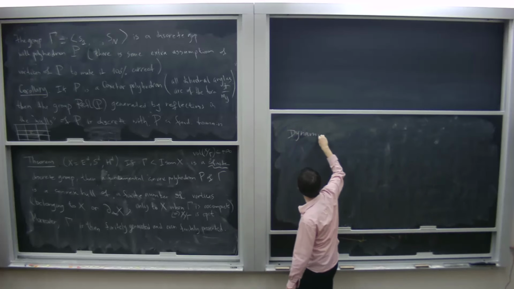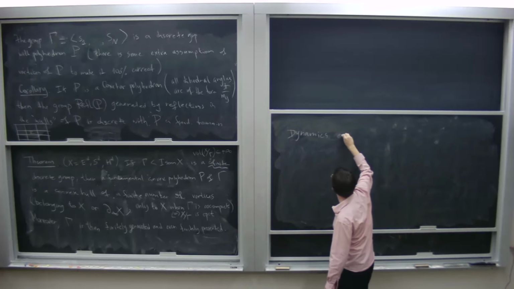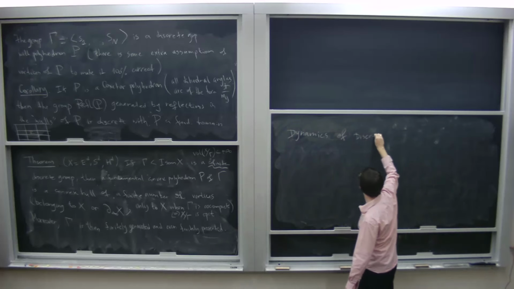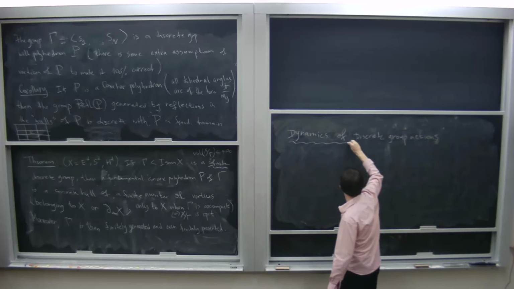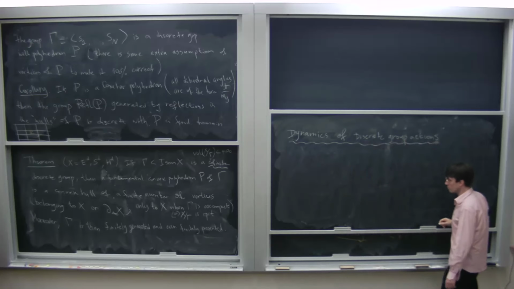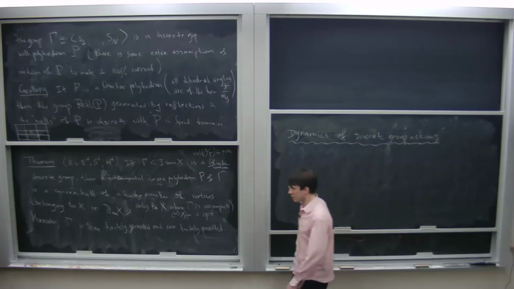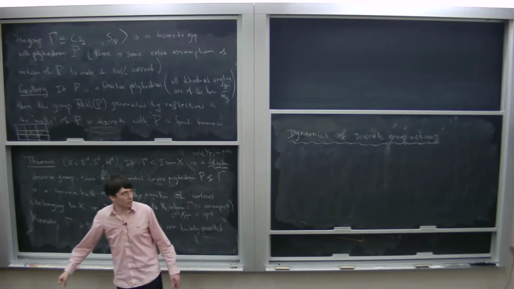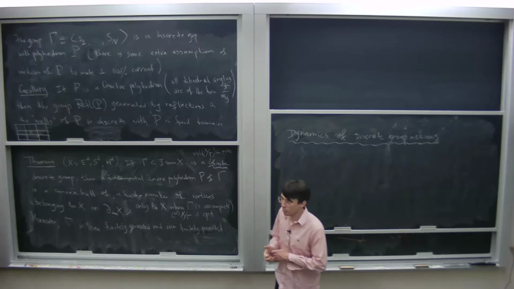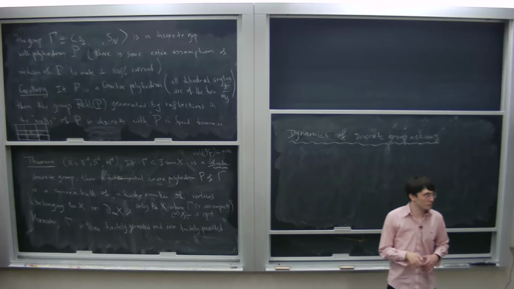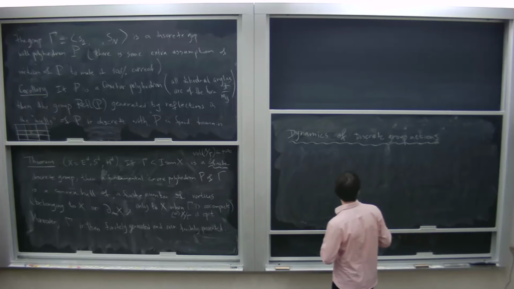So dynamics of discrete group actions. And in fact, this usually means that we want to have some wild behavior of orbits. In particular, we want probably to have dense orbits, but we discuss discrete groups.